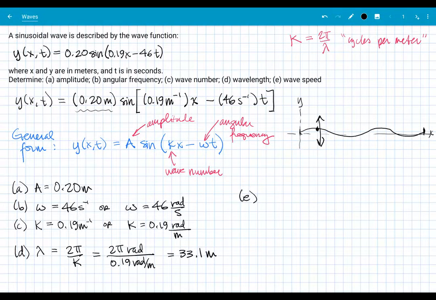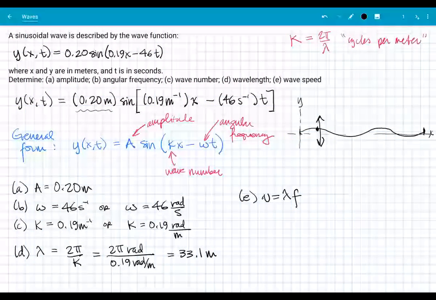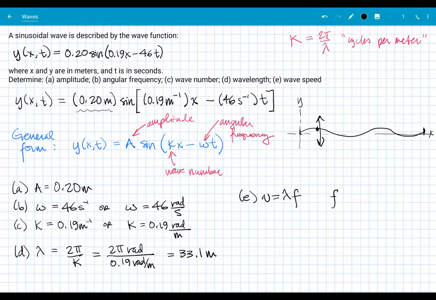So this problem is asking us for the wave speed. Wave speed is equal to the product of wavelength and frequency. Super important equation here. It's so simple, so straightforward, but it's really fundamental whenever we work with waves. I also know that frequency relates to angular frequency: f is equal to omega over 2 pi.